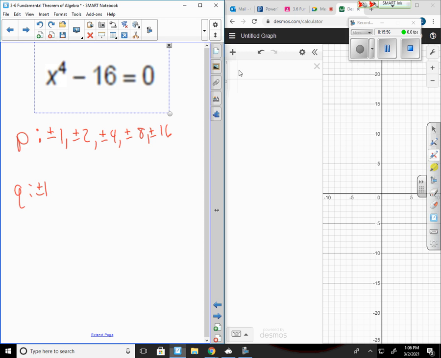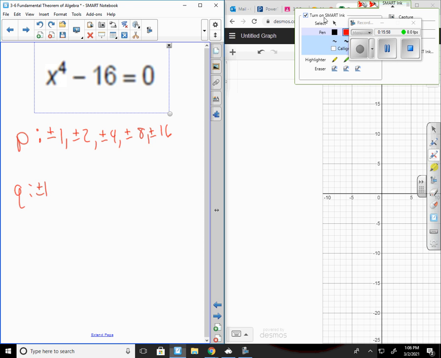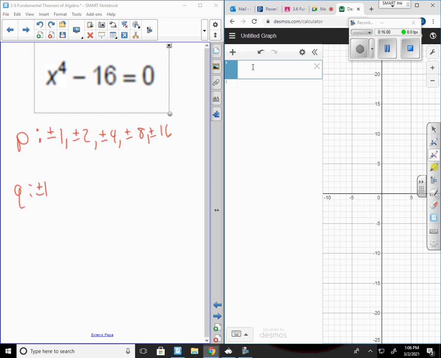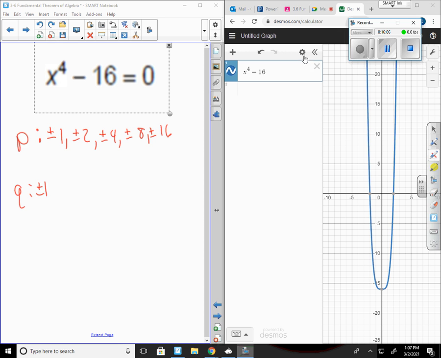Put my equation into Desmos. And I get a root here and a root here. So it's negative 2, 0, and 2, 0.